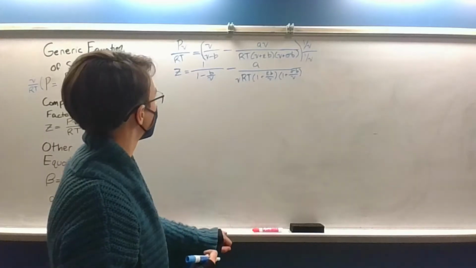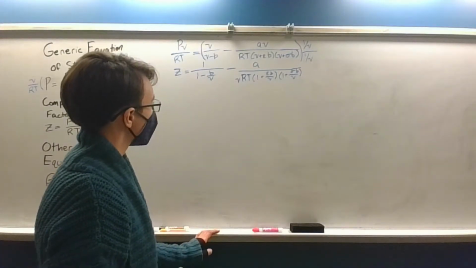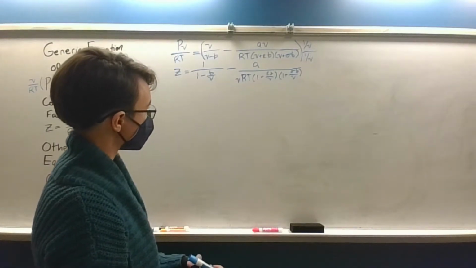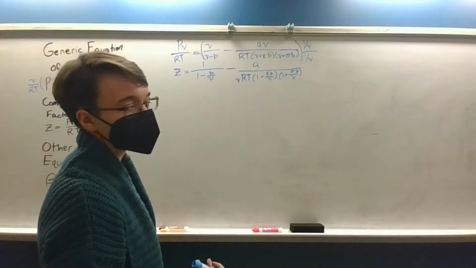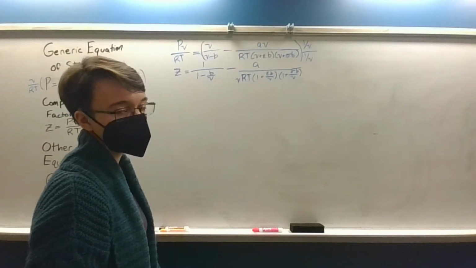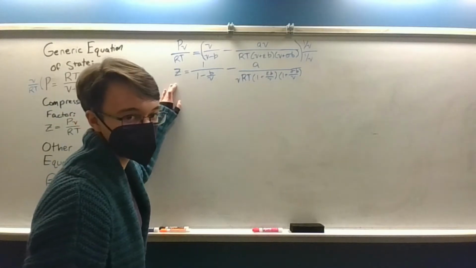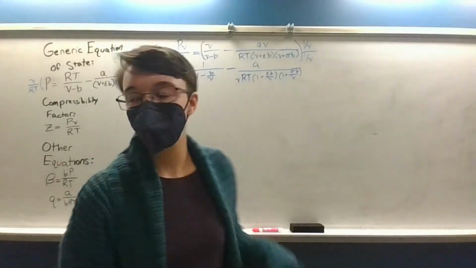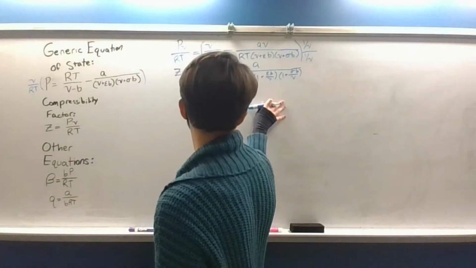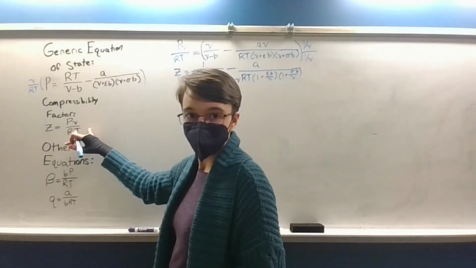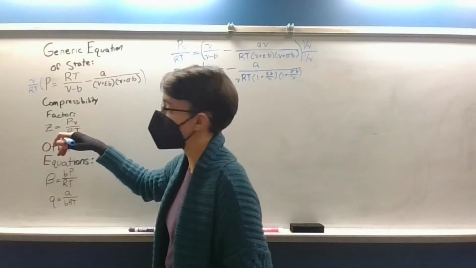Alright, the next thing we're going to want to do is get some more z's in there, because we are going to end up needing z cubed, z squared, stuff like that. Right now we've only got a single z. We've got lots of v's, so let's solve this for v.